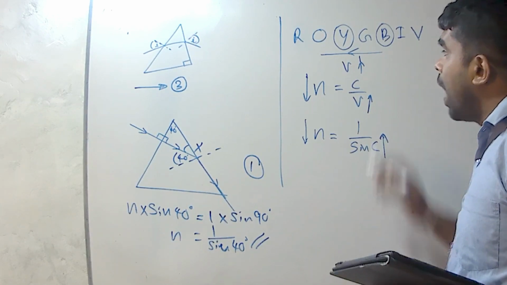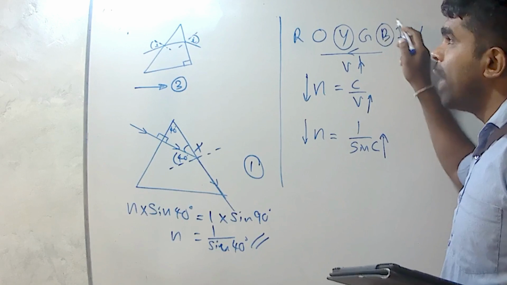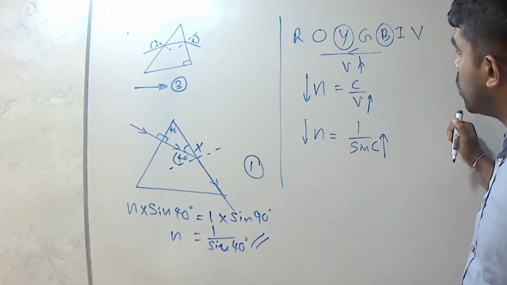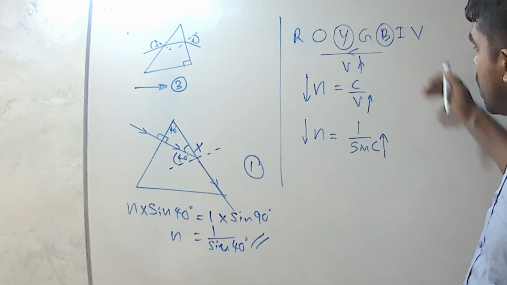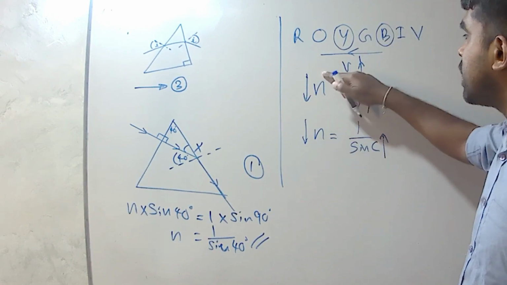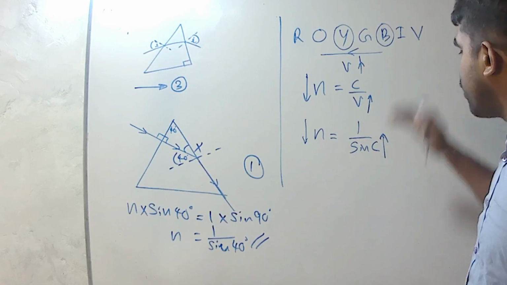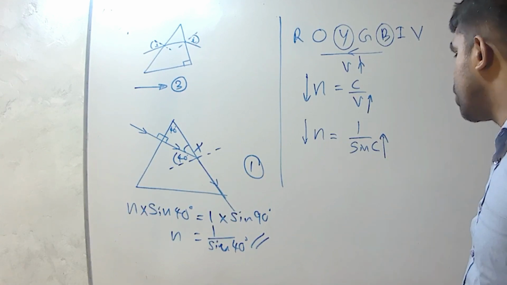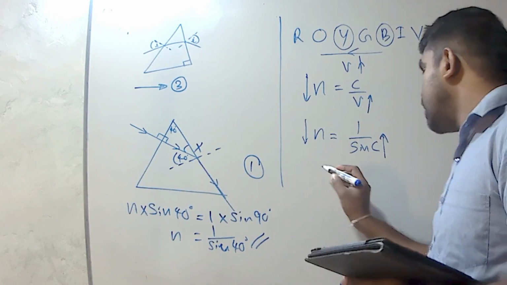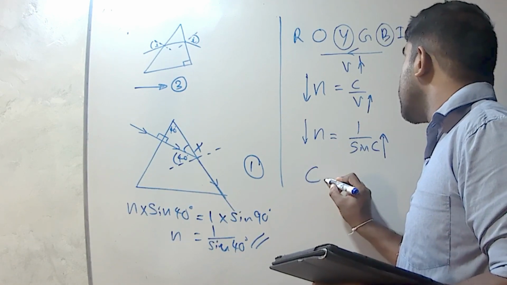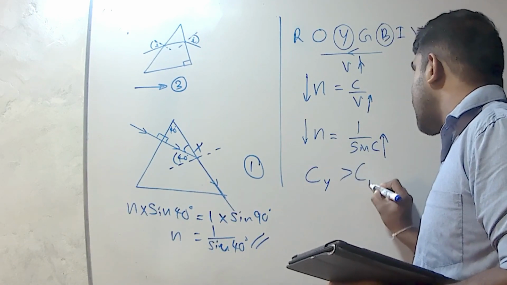Then we can compare critical angle of yellow color and critical angle of blue color. Now, refractive index of yellow color is a small value. Therefore, critical angle should be the large value. Then, critical angle of yellow color is greater than critical angle of blue color.